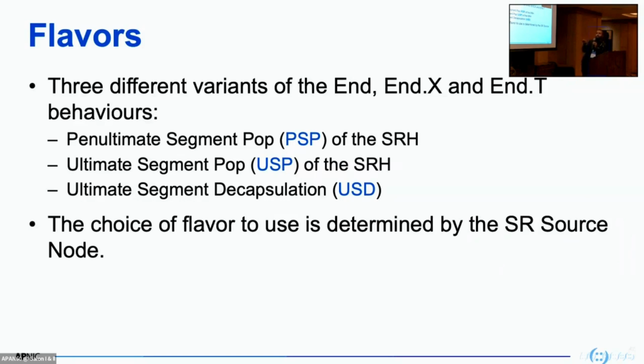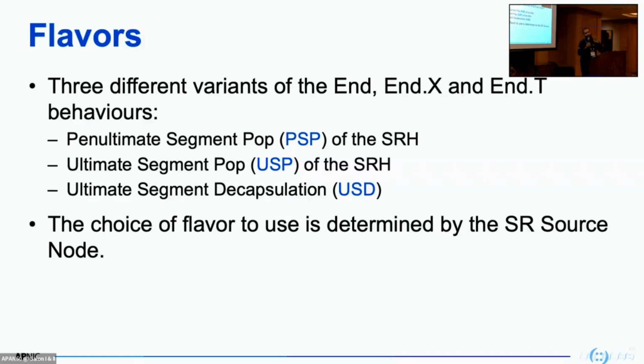But here there are 3 different flavors, and we need to know each of their definitions so you understand how it works. First one we already know, PHP or penultimate hop popping. Here it's called PSP, penultimate segment pop or popping. And the next one is ultimate segment pop.